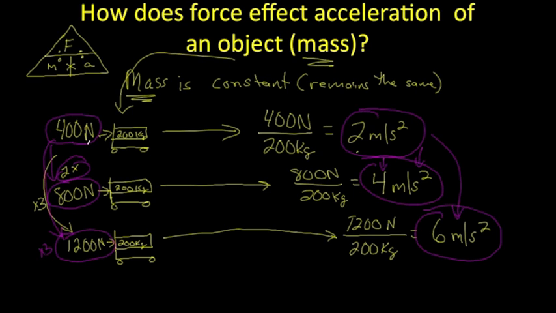Okay, so just a quick recap. The harder you push, as long as the mass remains constant and that mass stays the same. Remember, all these masses are 200 kilograms. So as long as that is the case, the harder you push, the greater the rate of acceleration is going to be. So if you double the force, acceleration doubles.